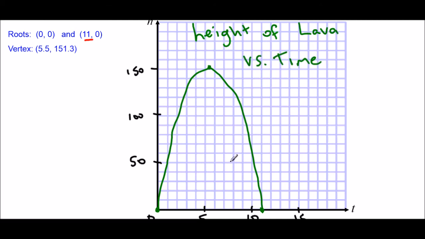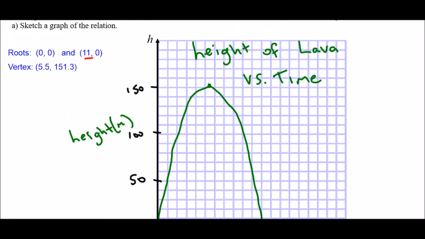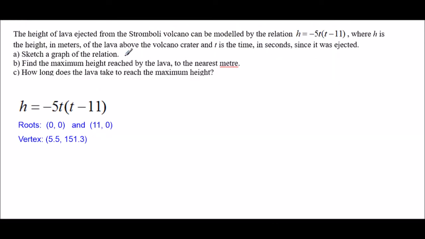So I just want to make sure that I complete this graph so that if you're following this example, you're not going to lose any marks because I didn't do something your teacher expected. So time is in seconds, height is in meters. I've got labels, I've got little arrows over here, I got a title. Okay, I'm happy. So we did part A, sketch a graph of the relation. Then it says find the maximum height reached by the lava.